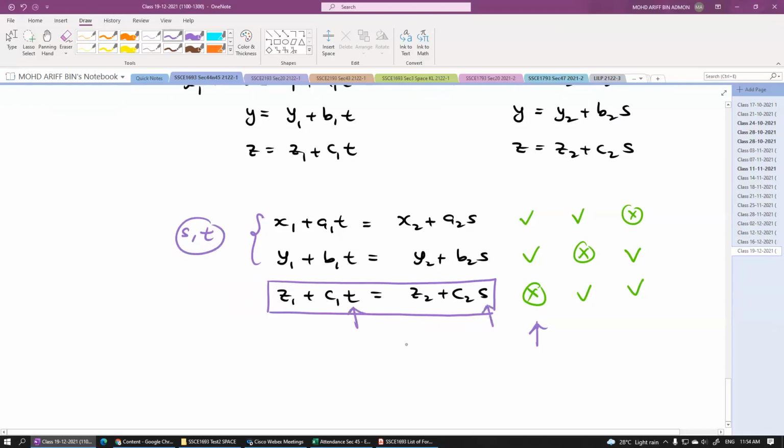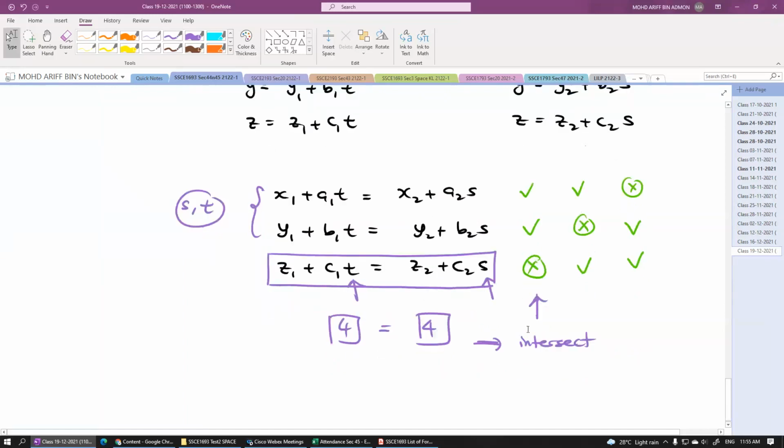If both sides of the third equation give you the same value, for example, 4 equals 4 when you substitute t and s, then your s and t are correct. It means that L1 and L2 intersect.